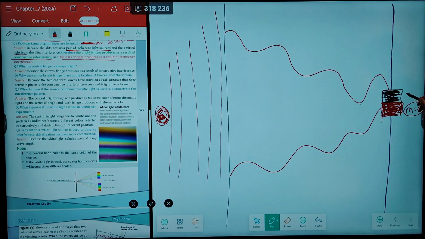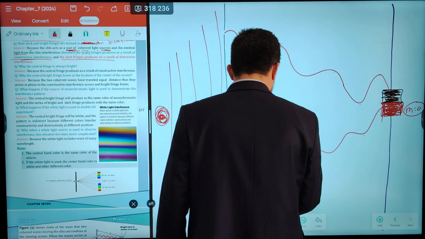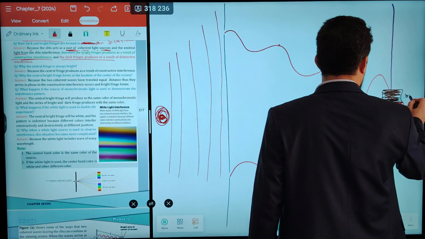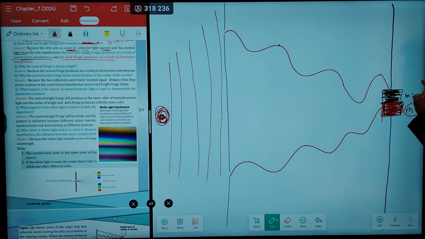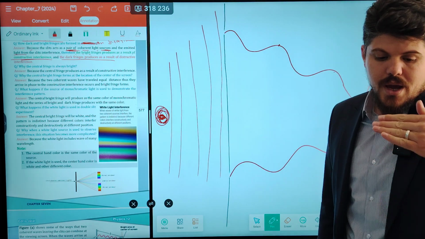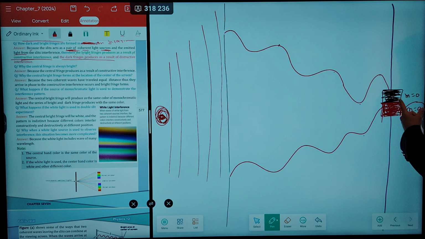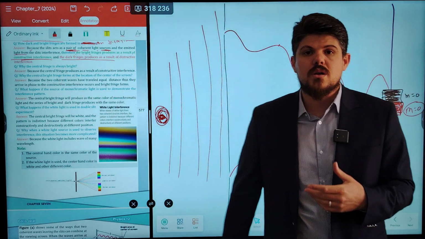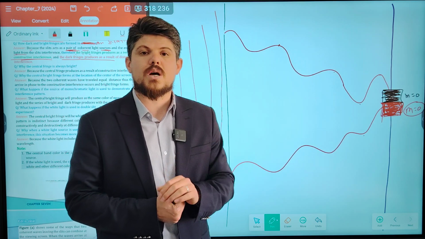But for the dark fringe, does it locate at the center of the screen? No. The dark fringe is located above the central maximum, which is bright. So that is why we cannot say this dark is the central dark fringe. We don't have a central dark fringe. We only have the central bright maximum.